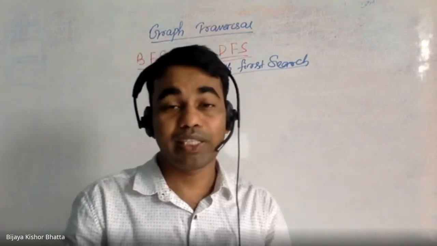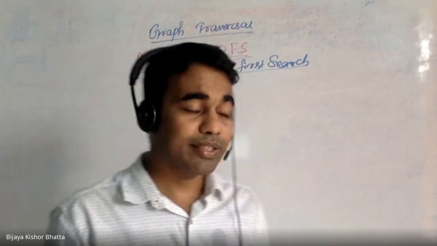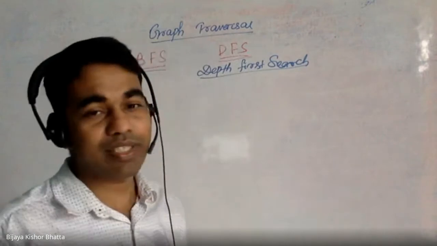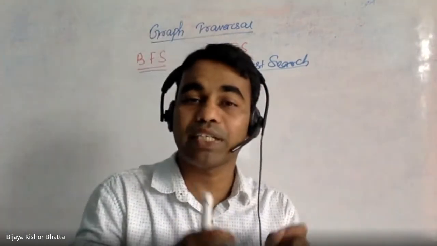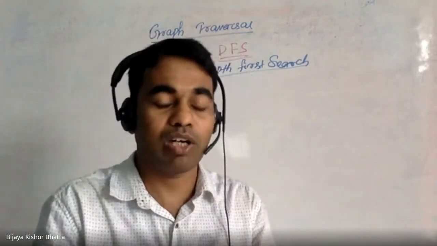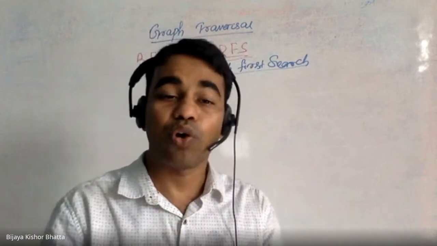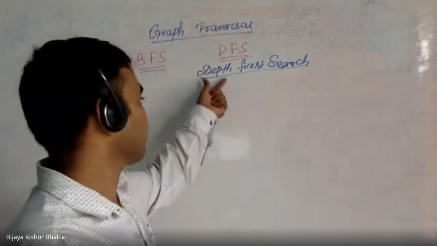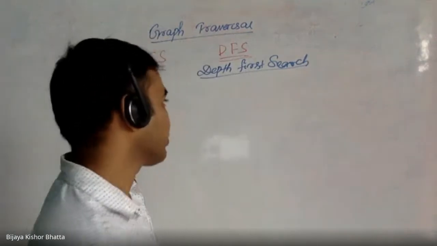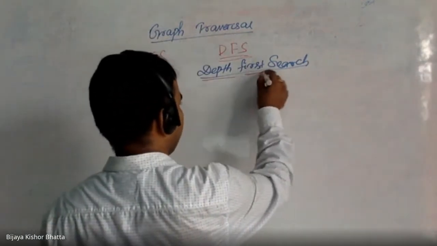But in DFS, what data structure will be used and how will it work? Let's first understand what DFS is. It is one of the traversal techniques. Its name represents its meaning.